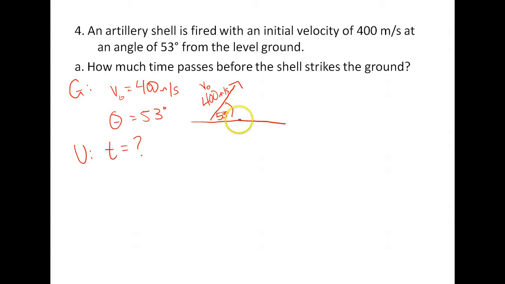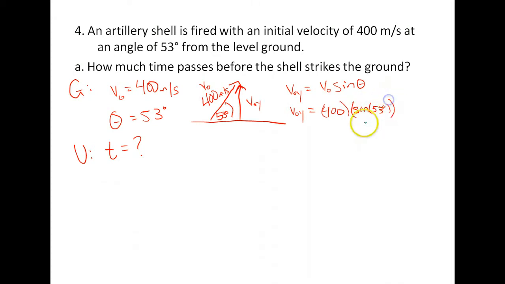Well, again, we need to know vertical velocity for time, so the initial vertical velocity. Going back to our equation for that, we remember that it should be v naught times the sine of the angle, so let's plug in our numbers. 400 times the sine of 53 degrees.